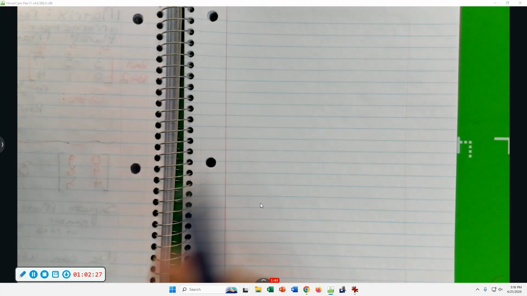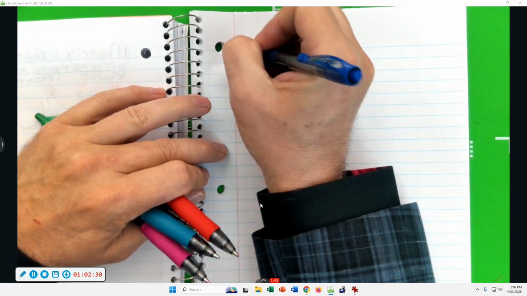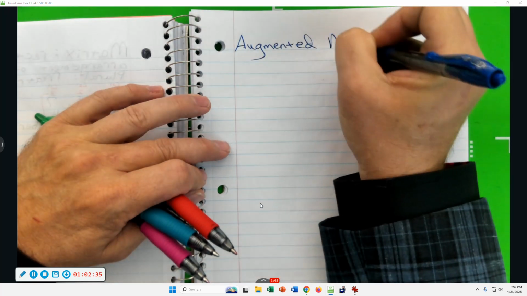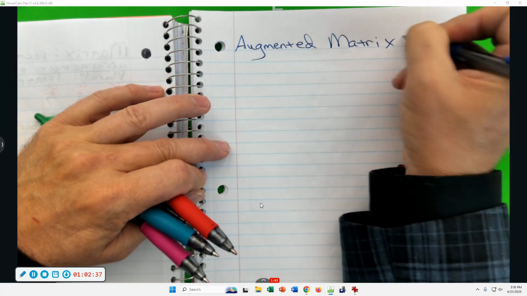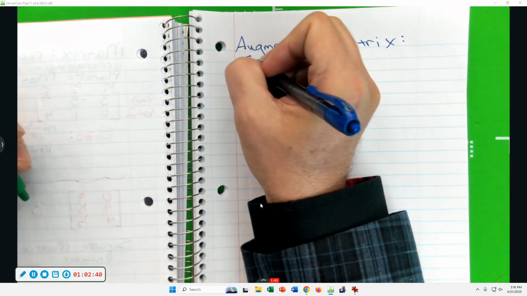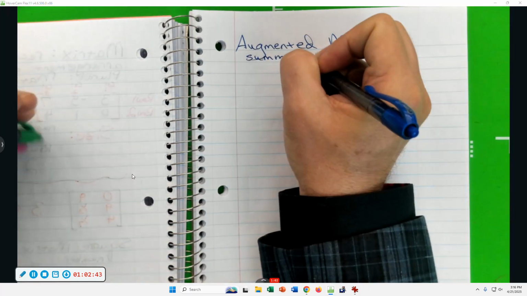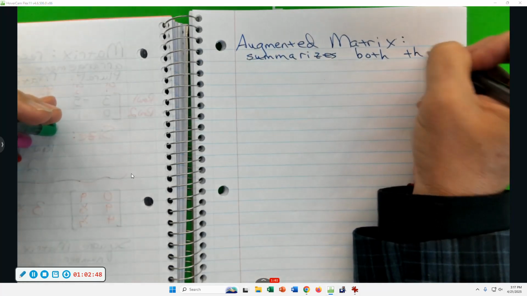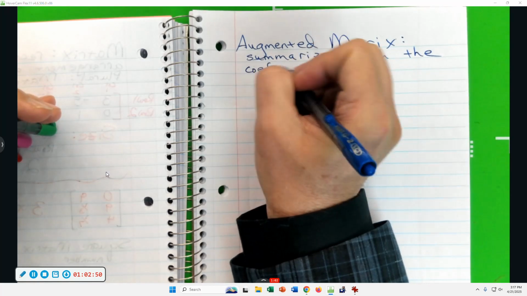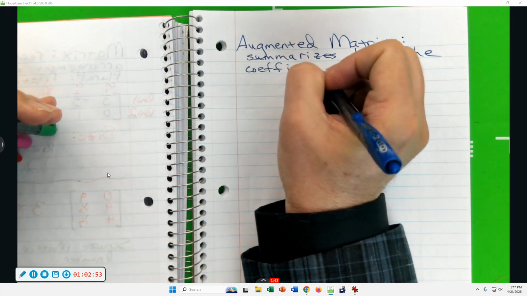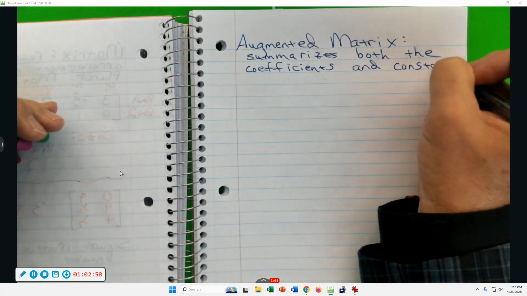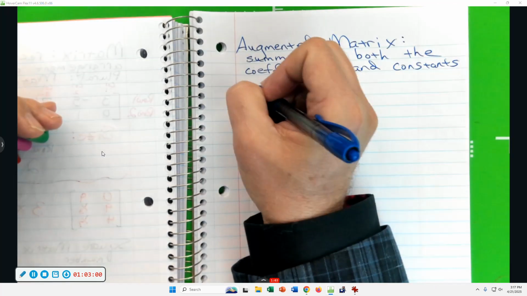Let me write that down. An augmented matrix. Now I'm going to give the pep talk. It's sounding harder than it is. An augmented matrix summarizes both the coefficients and constants in a linear system of equations.